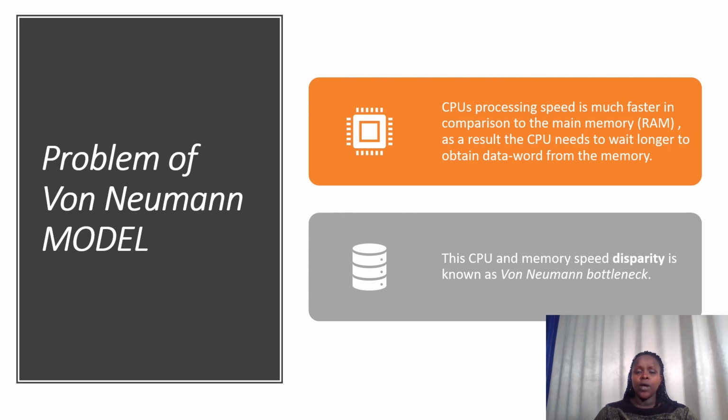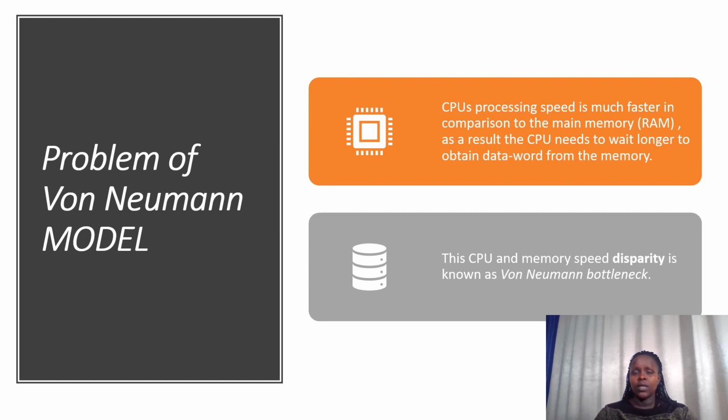This CPU and memory speed disparity is known as the von Neumann bottleneck. It means that the CPU waits for the instruction to be taken from the memory, and also waits for data to be brought from the memory.